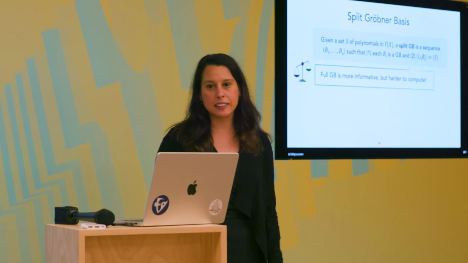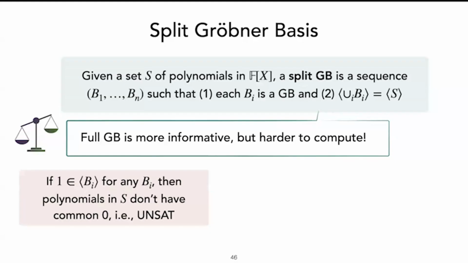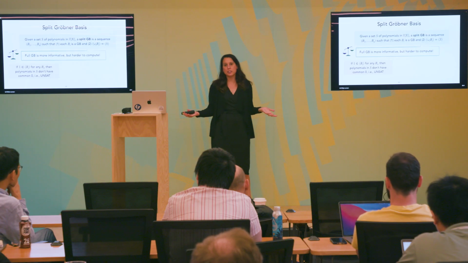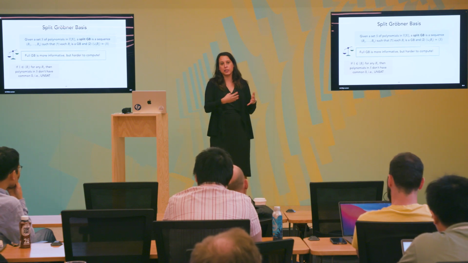So how do we use the split Grobner basis in our decision procedure? The first obvious fact is that if we can prove that 1 is not in the ideal generated by any of those bi, then that means some subset of the polynomials don't have common zeros, so the full set of polynomials will clearly also not have common zeros, because we're looking at a subset of those.